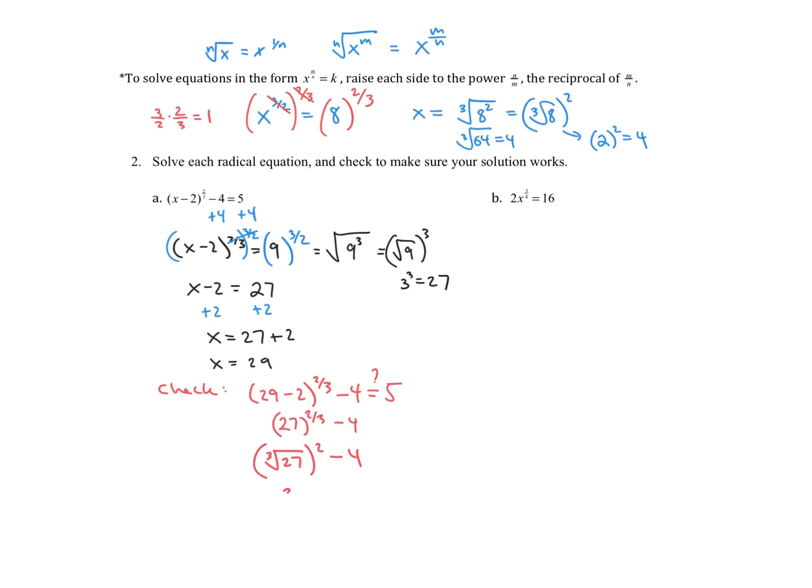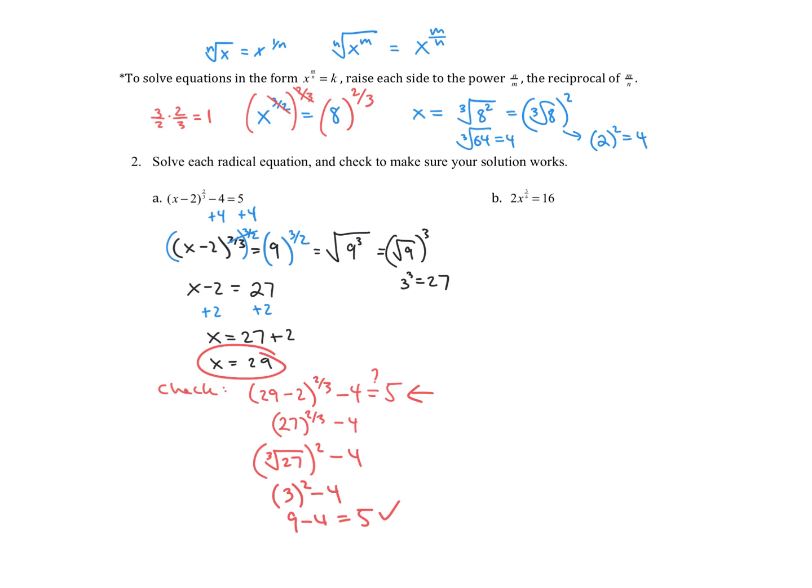The cube root of 27 is 3, squared, minus 4. 9 minus 4 is 5. So it worked. This is the right answer. You could also plug this expression in your calculator to check if you want.